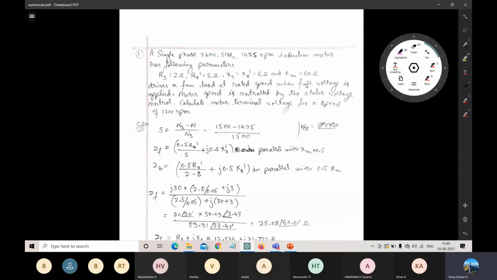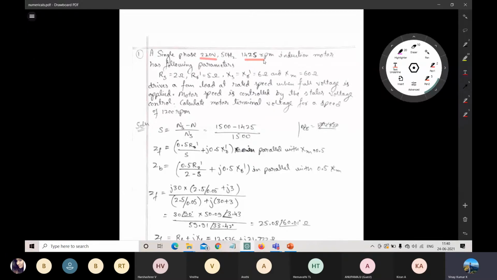Normally the induction motor is supplied with the terminal voltage, or you can say the supply voltage. So the supply voltage will be given by 220 volts and 50 hertz, 1425 rpm. So this is our omega m.